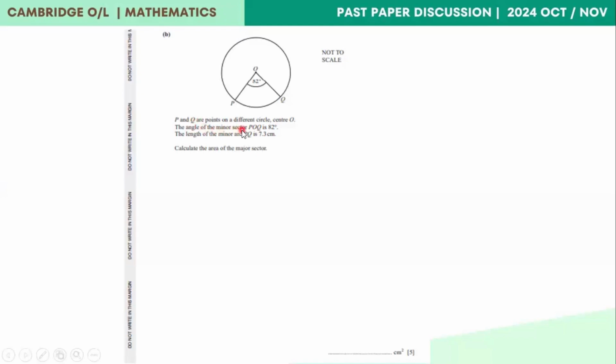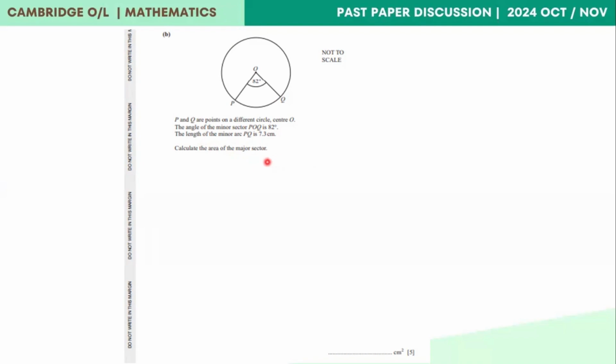P and Q are points on a different circle, center O. The angle of the minor arc is 82 degrees. The length of the minor arc is 7.3 centimeters. Calculate the area of the major sector.